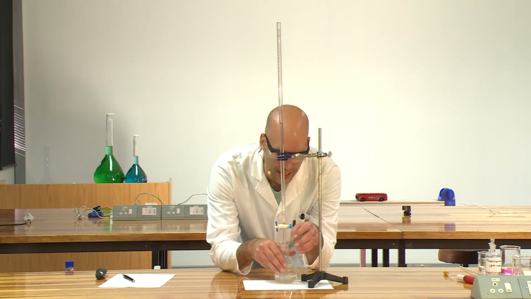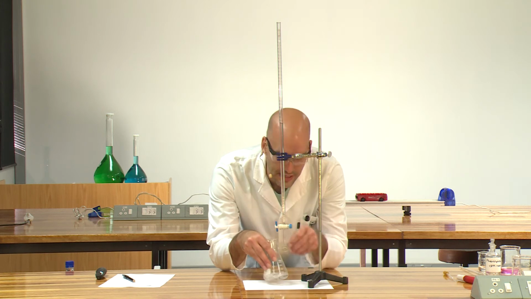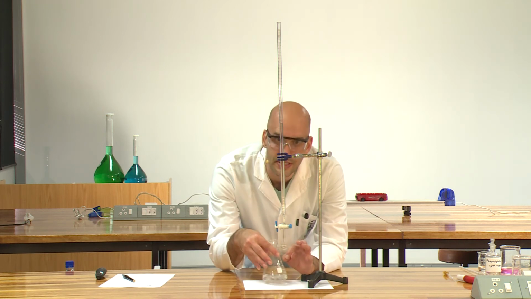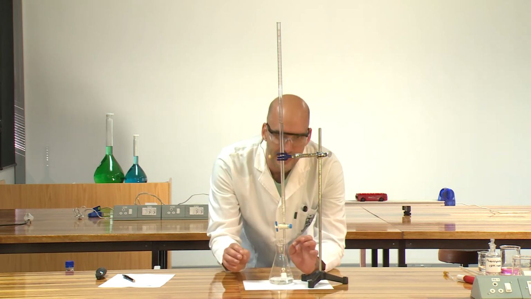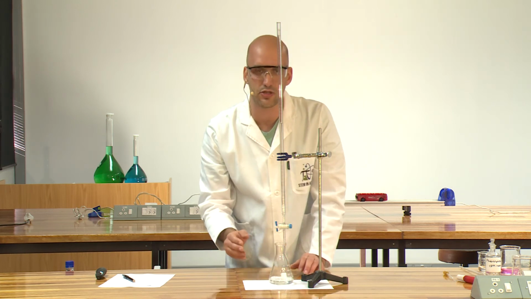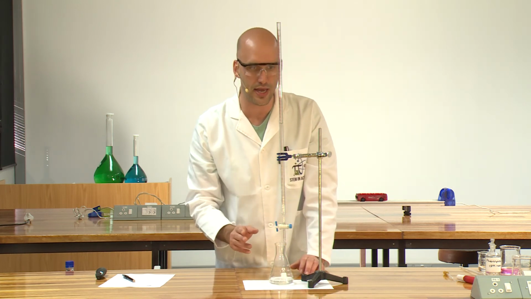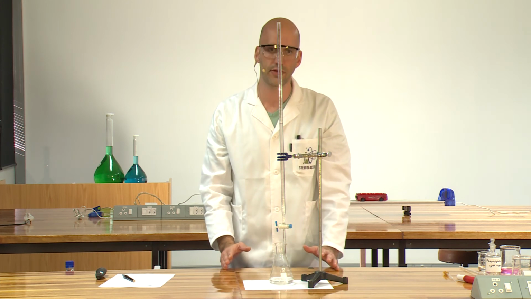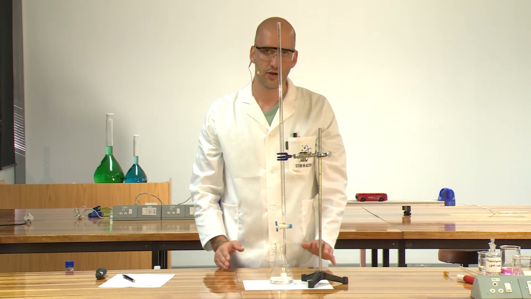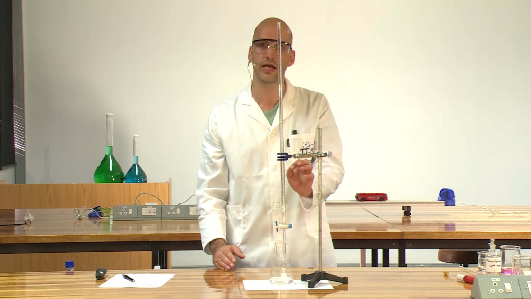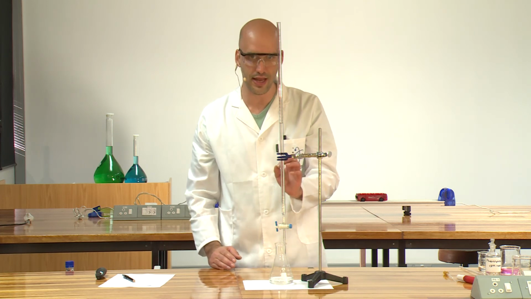So with this pink color, you'll see that the pink color stayed and then it disappeared again. If it stays there for a second or 2 seconds and disappears, I will stop my titration just there, because that will show me that it's on that edge of the end point.